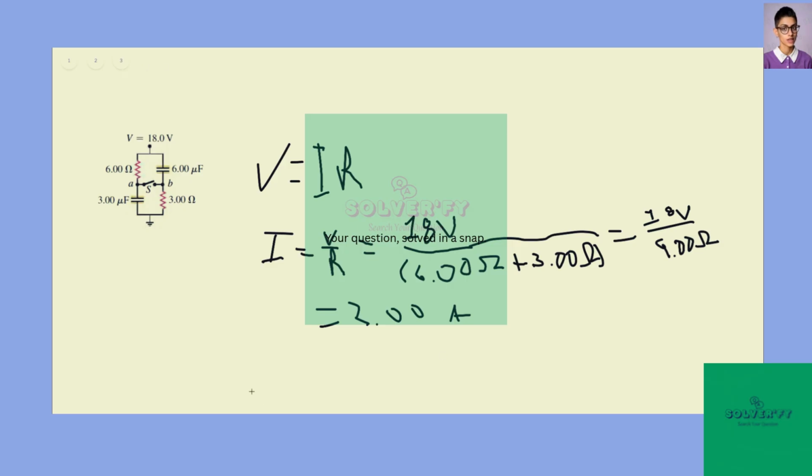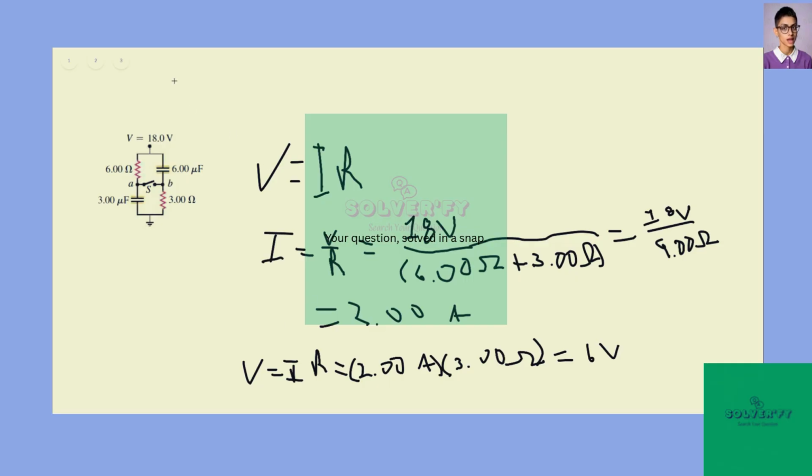So V is equal to IR, which is equal to 2.00 amps times 3.00 ohms, because that's the only resistor between B and the ground, which is equal to 6 volts. So that is the potential of B with respect to ground.